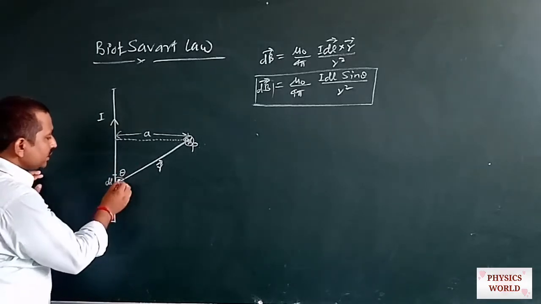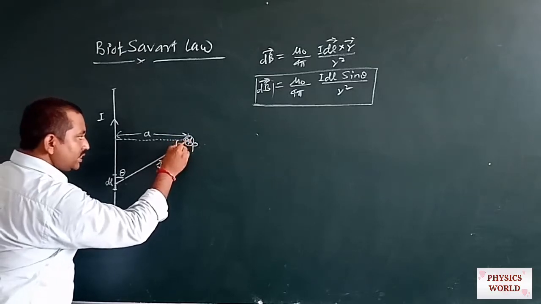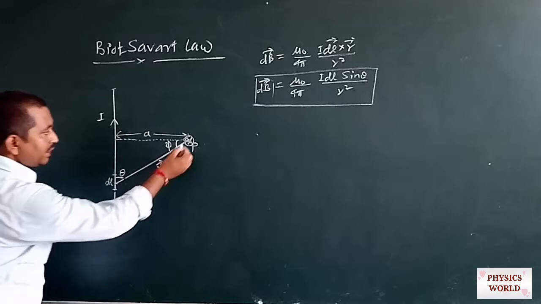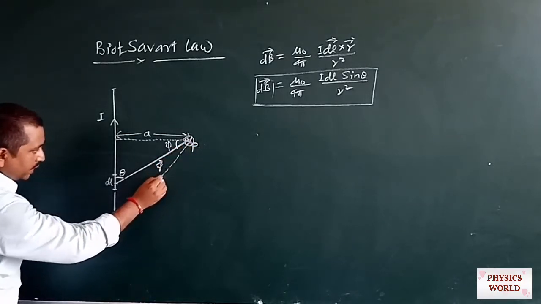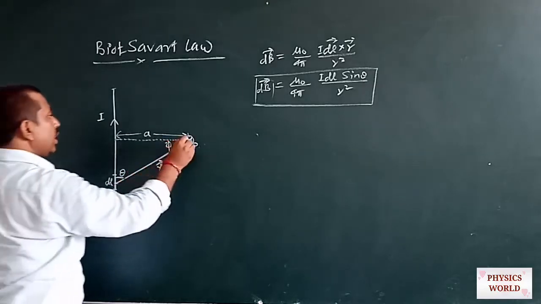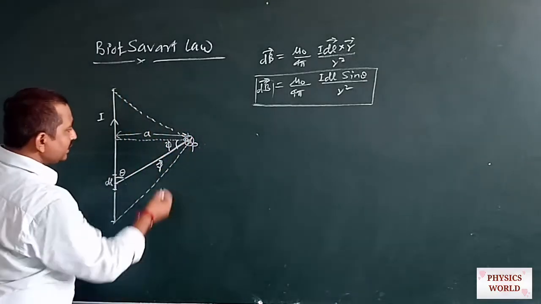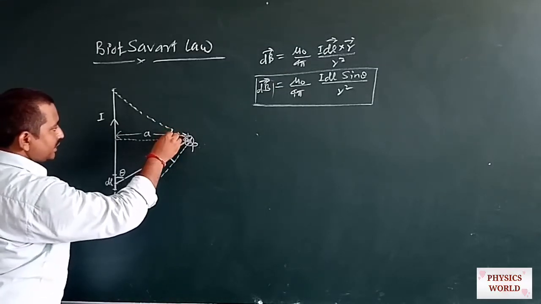So suppose this is the angle theta, and this is the angle phi. If we join the point P to one end of the wire and also the other end of the wire, then we see that there are two different angles. One is here and the other is here.